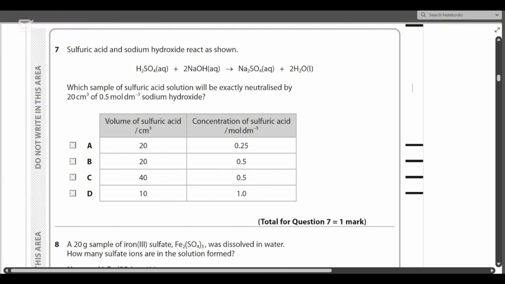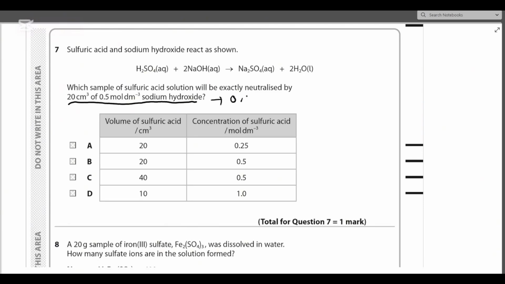To solve this, we first find the number of moles of sodium hydroxide, which is 0.01 mole. The mole ratio provided is 2:1, so 2 moles of sodium hydroxide react with 1 mole of H2SO4.